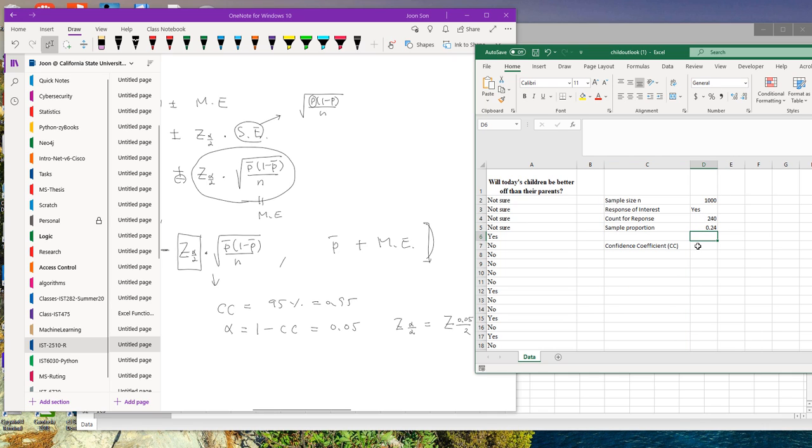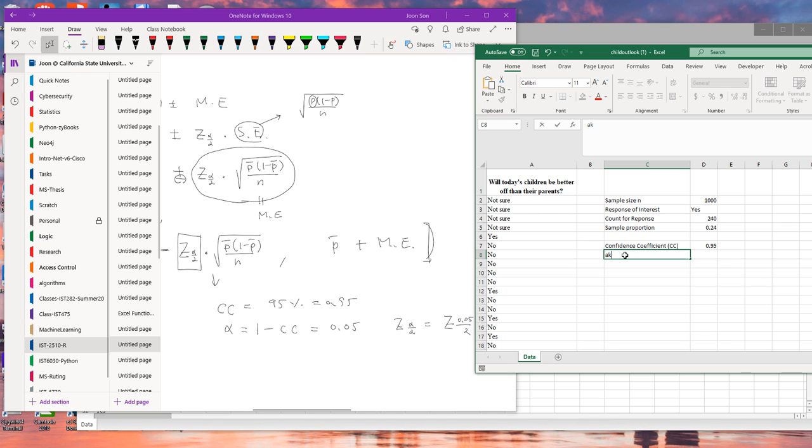The confidence level is given by the problem, which is 95%. And then the level of significance, which is known as alpha, is 0.05.